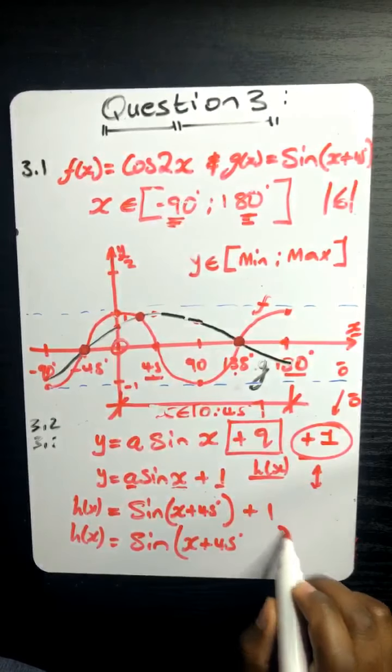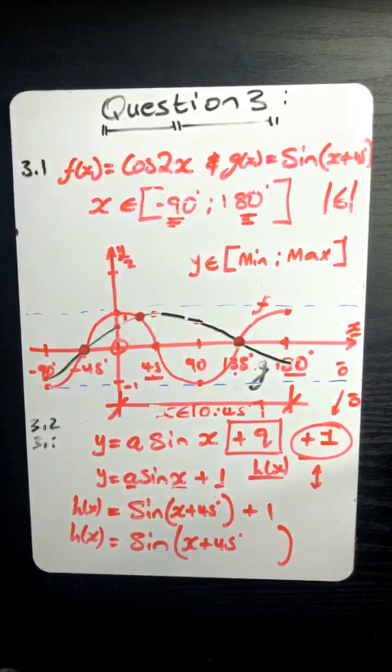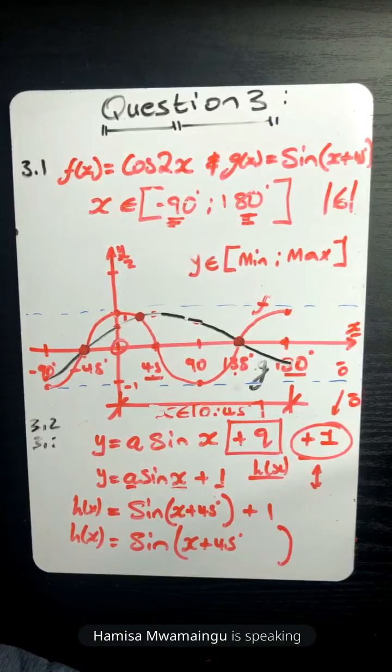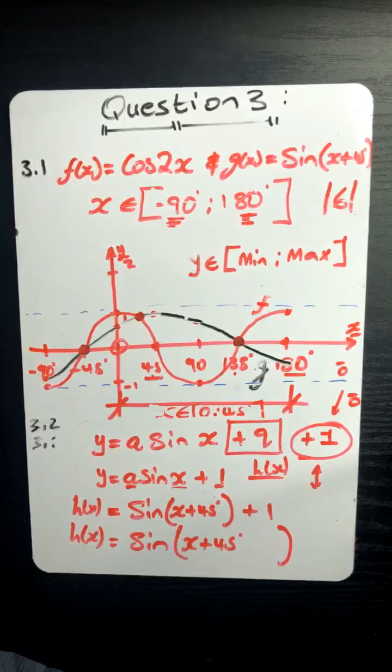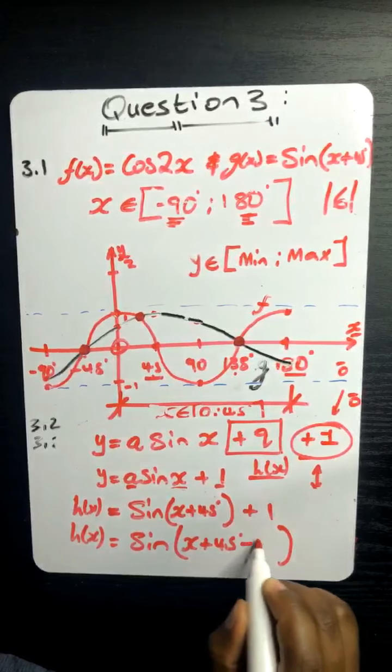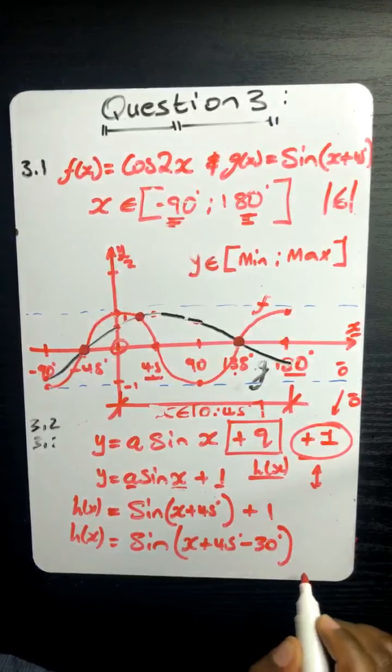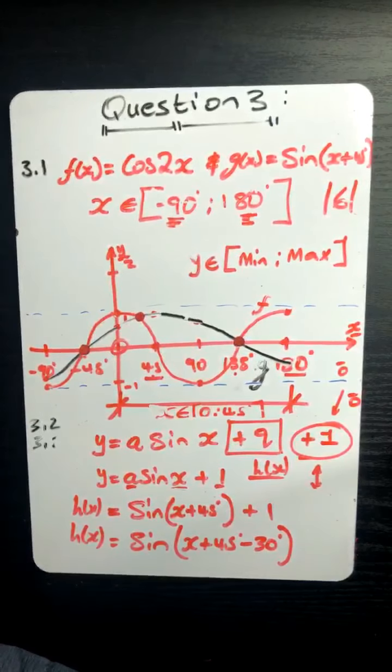They said it shifts to the left or to the right, guys. You tell me, what did the question say? The question stated that it shifts to the right, so the number is going to be negative. Here you write negative 30 degrees. Did they say it's going to shift up or down, and by how many units?